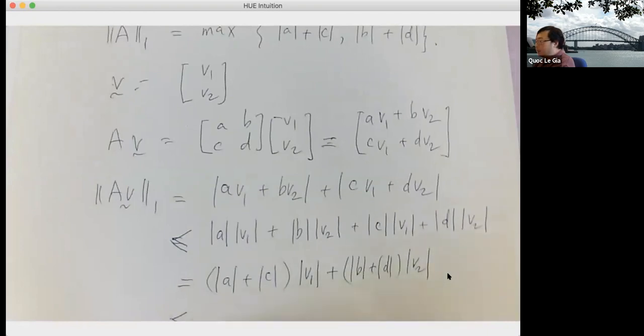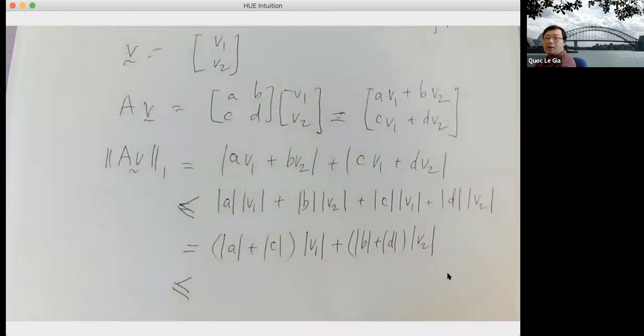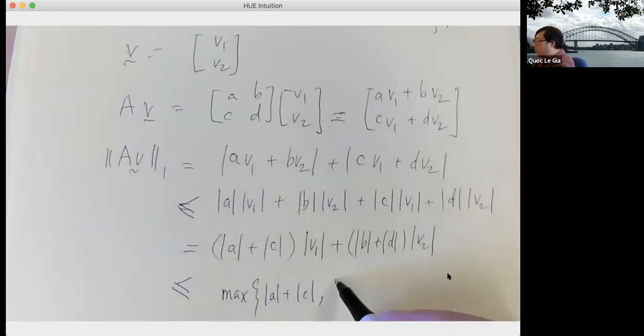Now I can make another estimate. Those two quantities, |A| plus |C| and |B| plus |D|, I don't know which one is bigger, but if I take the max of the two values, then it will be an upper bound, and you have only |V1| plus |V2|.